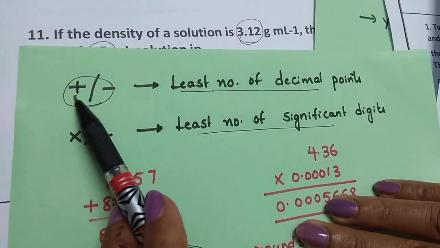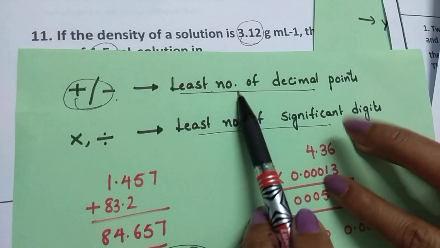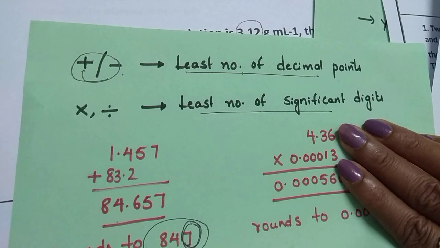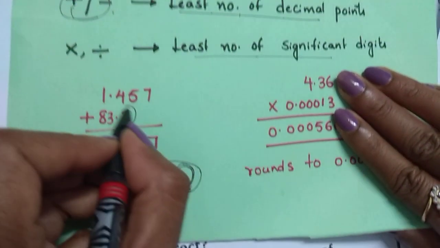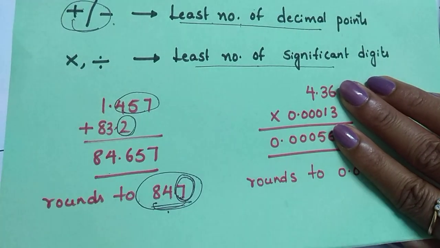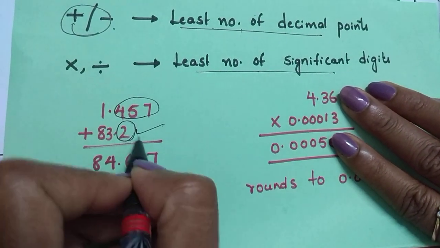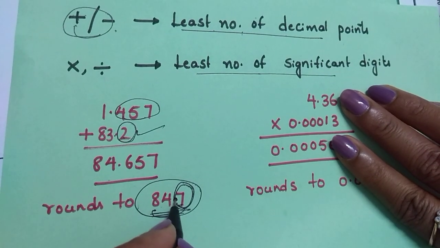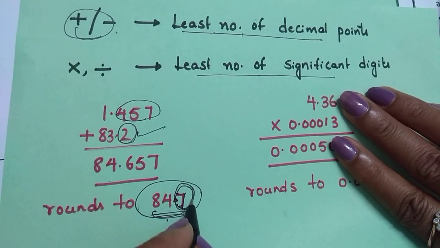When you are doing addition or subtraction, the least number of decimal points means after a point, you check here. Here only 1 decimal is there. After a point 3 decimals is there, which is the least one. So minimum 1 decimal should be there after a point. That's why I round it off to 84.7.